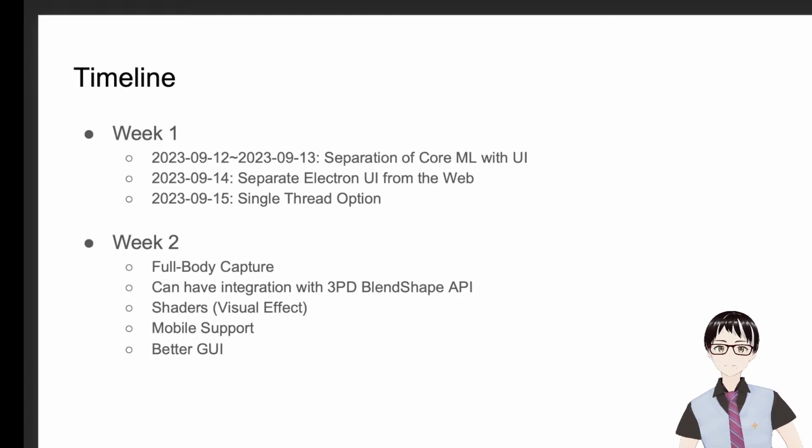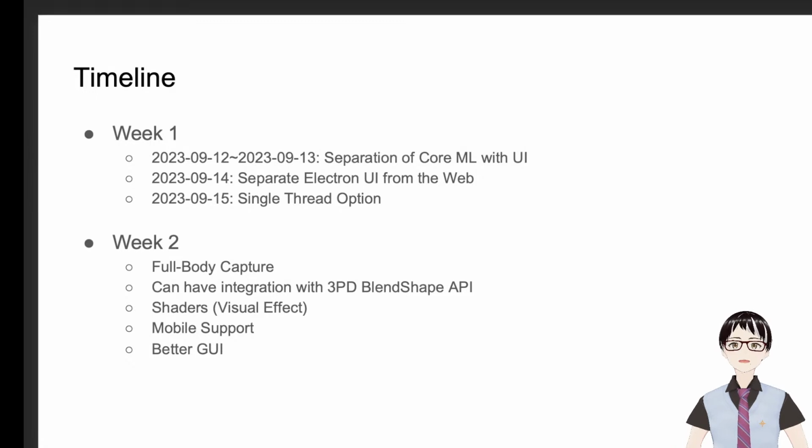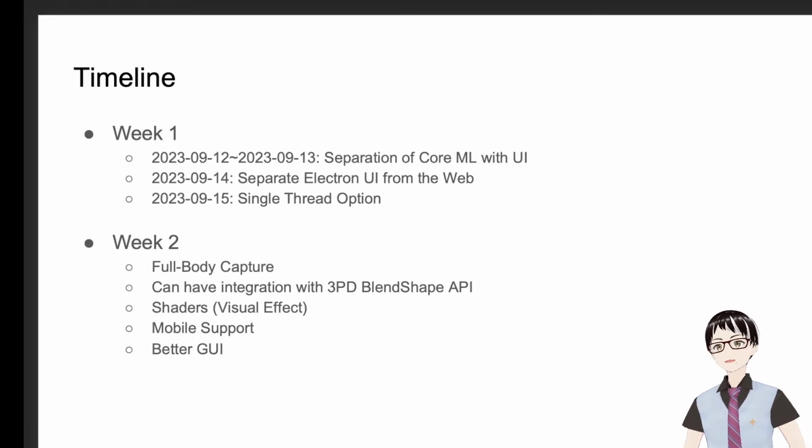Separate core ML with UI. Separate Electron UI from web. Single thread option. This is what we would like to accomplish within this week. Just within this week. And that could actually be challenging. So let's just try to start working on them. Great.